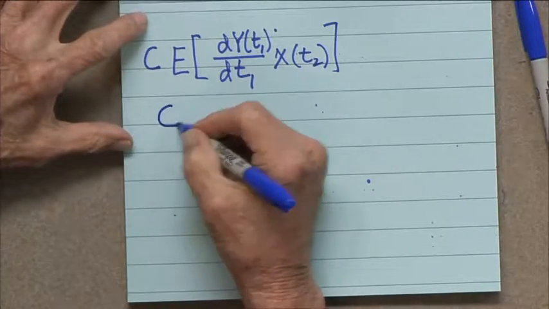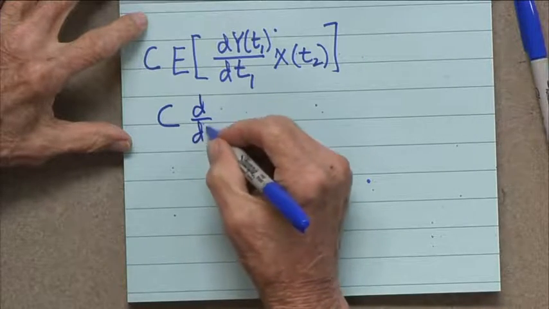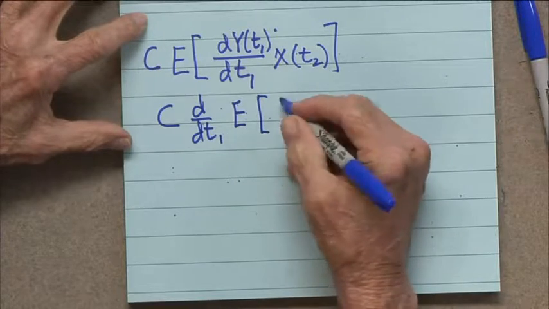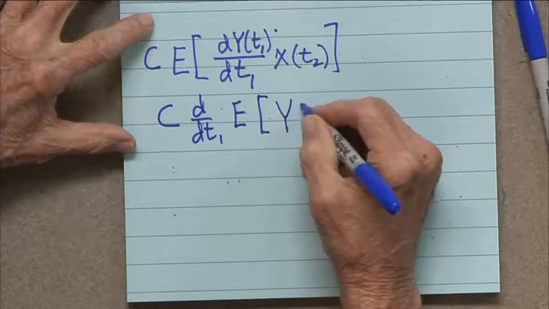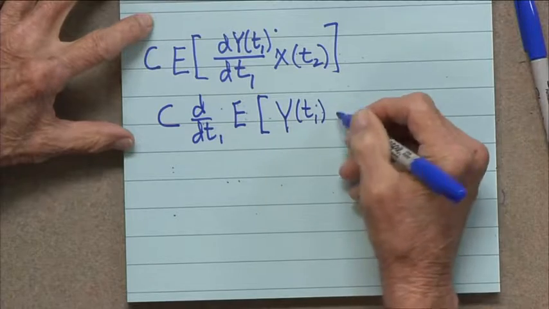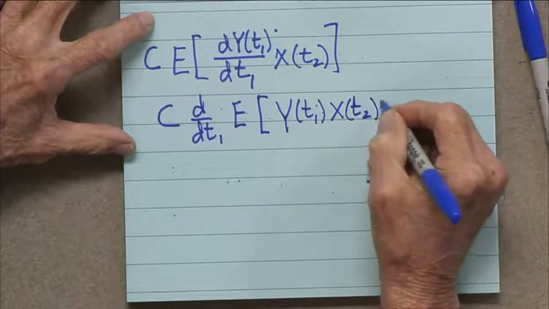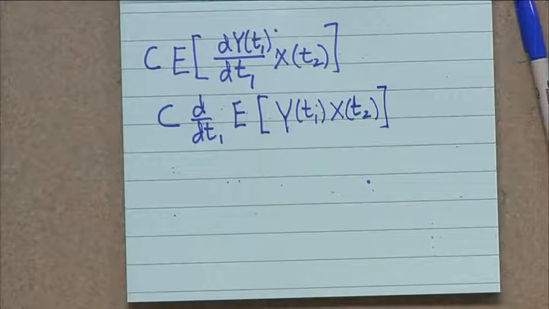And so this is C dt1 times the expected value of y at t1 times x at t2. And what is that?